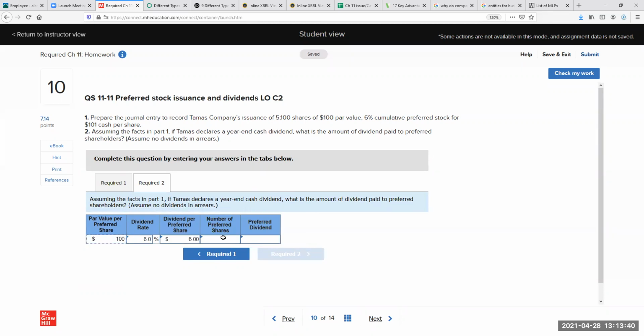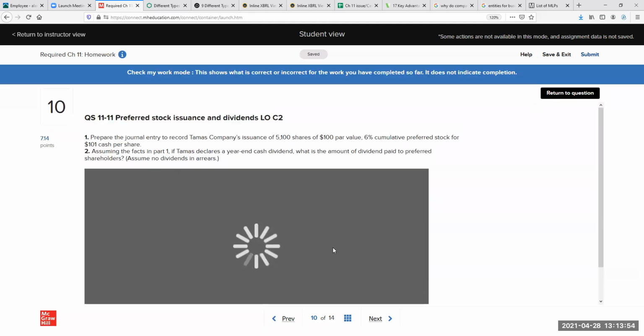How many shares are there? 5,100. So how much do you owe them? 30,600.